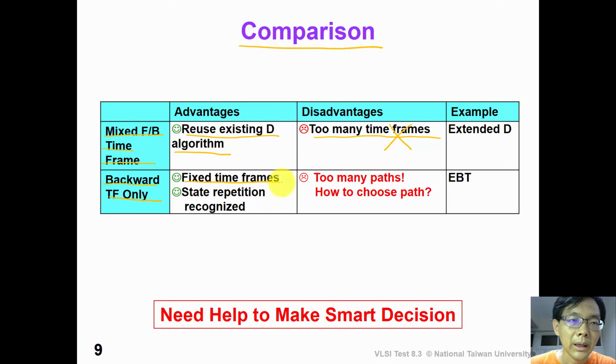This method has the advantage that it has fixed time frame and the state repetition can be recognized. But the problem is that there are too many paths. How can we choose the path correctly? So we need some help from test measure to make smart decision.